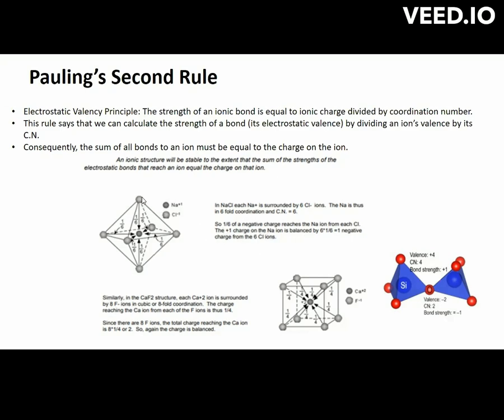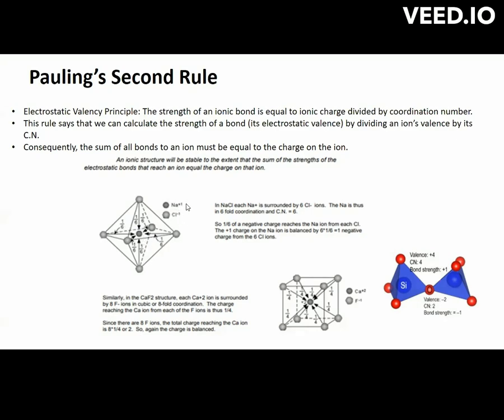Remember it is also about bond strength, which is just the charges reaching the cation. The sum of all the bonds to an ion must equal the charge on that ion. So if we add 1/6, 1/6, 1/6, 1/6, 1/6, 1/6, they must give the charge of what's at the center, that is +1.